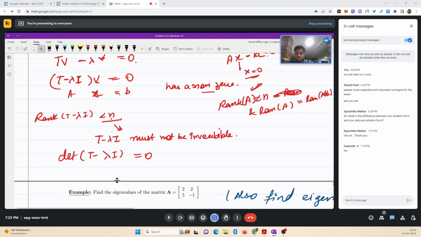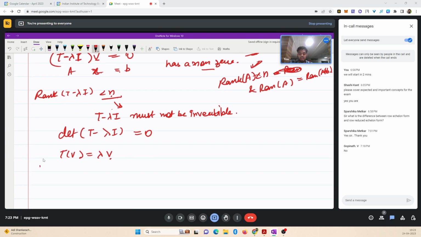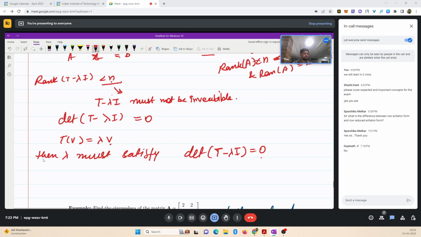So just to conclude whatever we discussed right now, if you want TV to be lambda times V, then lambda must satisfy determinant of T minus lambda I is equal to 0.